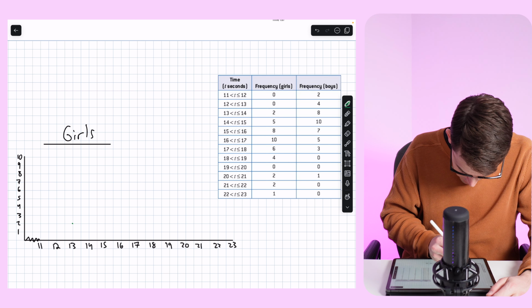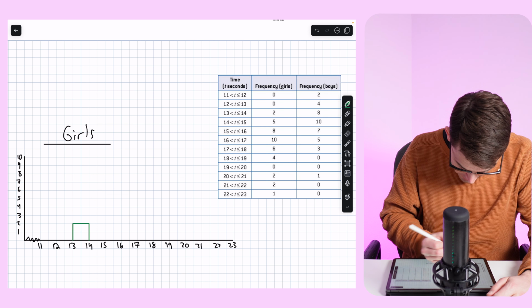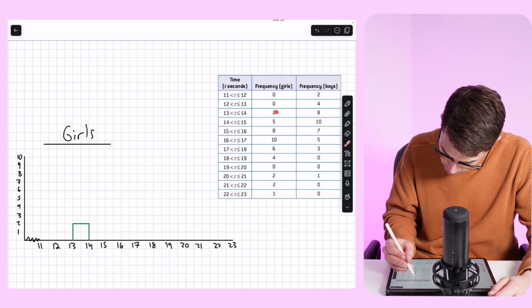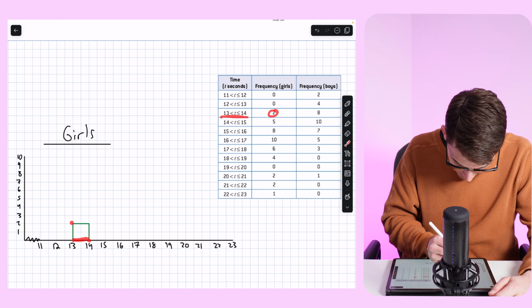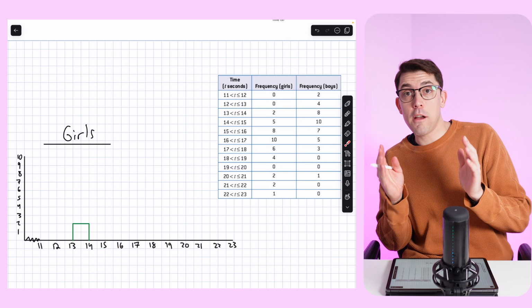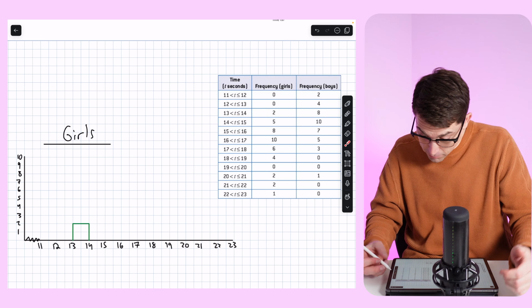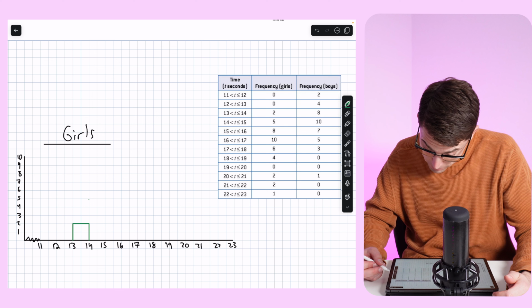With frequency charts, what's important to notice is that this bar at 2 represents 13 to 14. So between 13 and 14, I need to have 2. These widths are very intentional, as well as the heights, so you've got to be very careful with how you go about doing this.